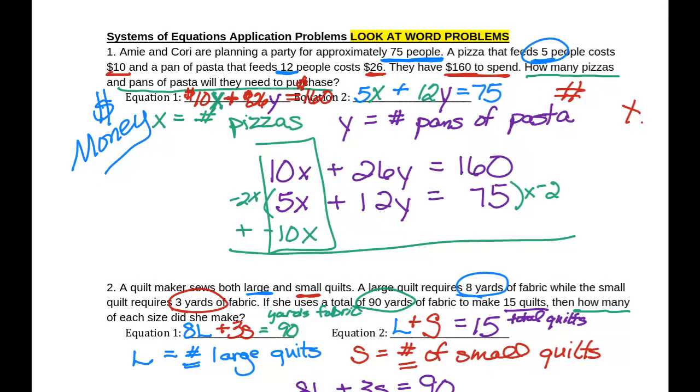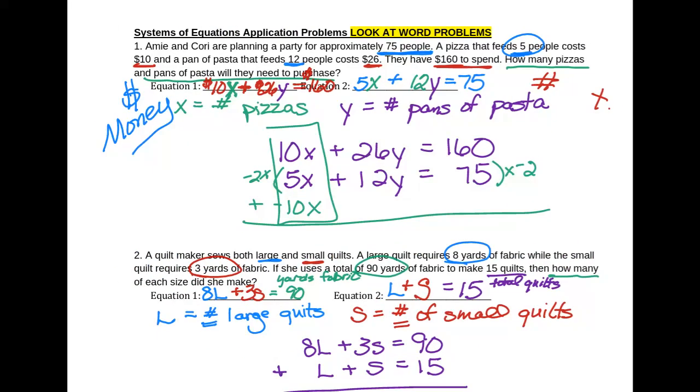If you recall, the first problem was about a party, okay? Party. And they were going to have pizza and pans of pasta. And so we came up with the equations. One was a money equation.